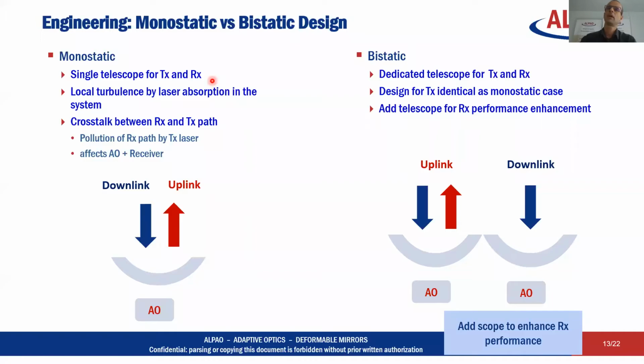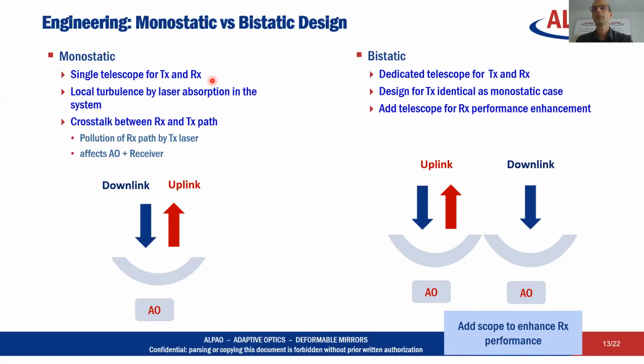You might receive a couple of microwatts, and what you send up there are a couple of 100 watts. So you really have to do very careful engineering of your optics in the optical bench. Laser absorption in your system, in your telescope, will create local heating, local seeing due to local turbulence. And also the slightest reflection of transmitting light into your instrument will create a pollution of your receiving path, which is going to affect the AO system as well as the communication receiver.